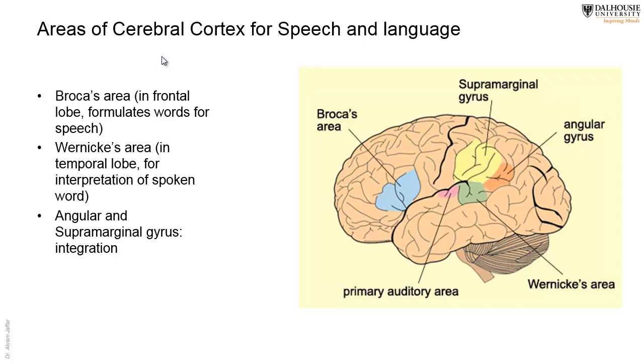It is responsible for the interpretation of speech, whether the written speech or the speech that you hear. Now you are hearing me, you understand, you interpret that using your Wernicke's area. So if Broca's area is affected, then I can hear you and I can understand you, but I cannot formulate an answer.